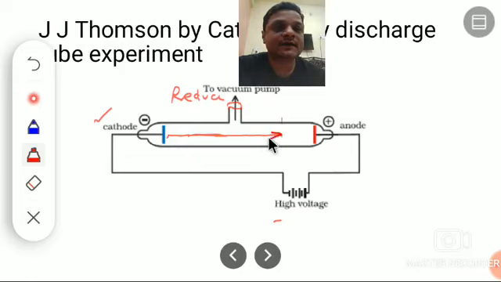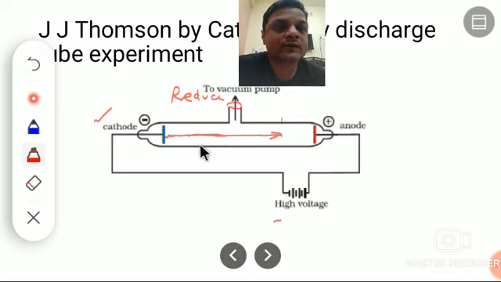From this he concluded that there is some particle present in the gas which can travel from cathode to anode.